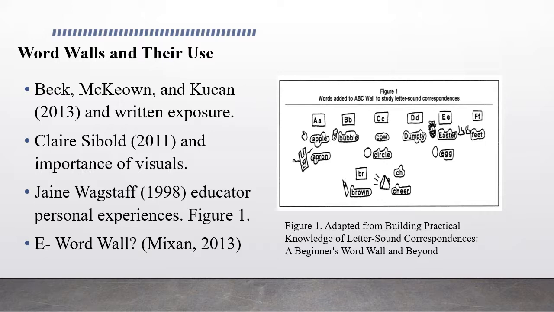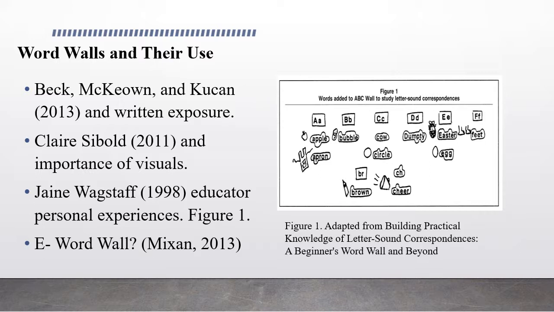At its simplest form, a word wall is a set of pre-selected words that are posted in a classroom physical space, and it's meant to be referenced by students, and it's meant to be referenced often.